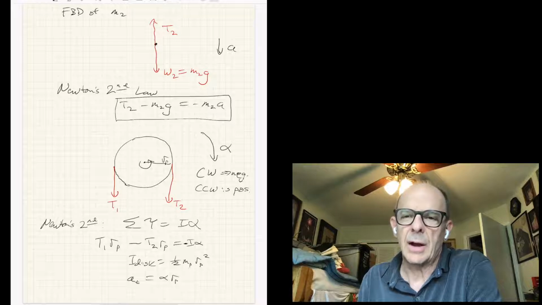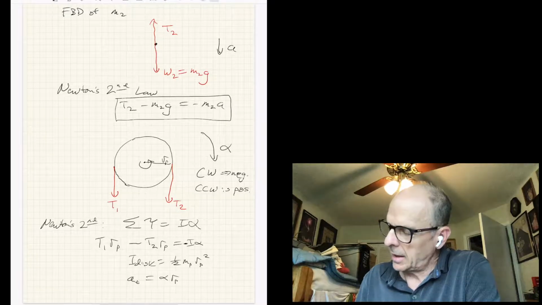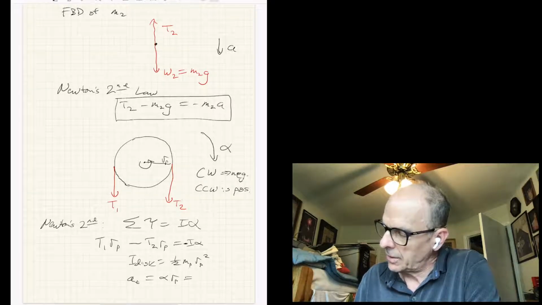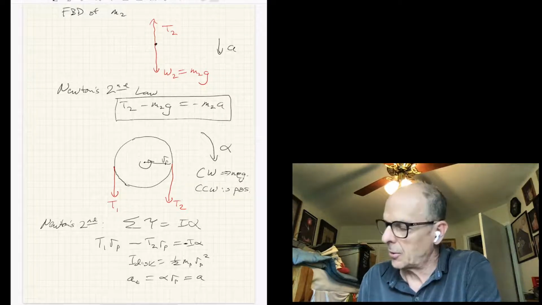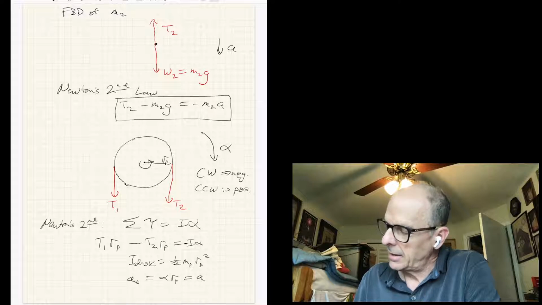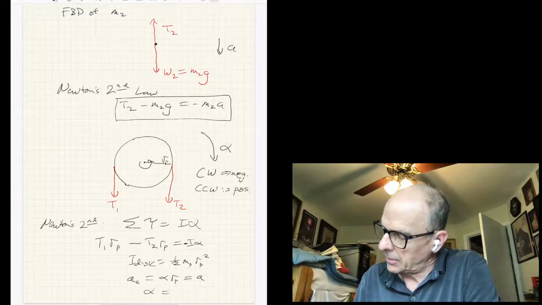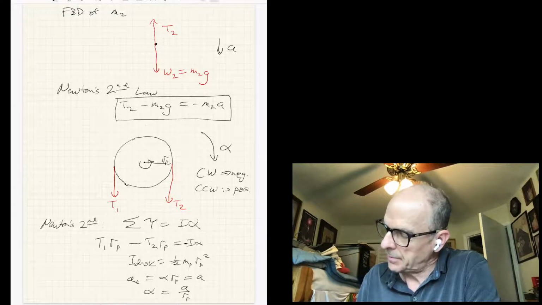And in this case, that r is RP, and the tangential acceleration of that rope, in this case, is the acceleration of the things attached to the rope, which we're just calling A. So that means alpha is A over RP.